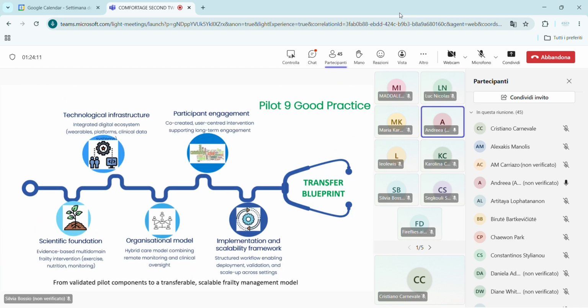What makes COMFORTage a good practice case is the combination of 5 elements that together form a transfer blueprint.